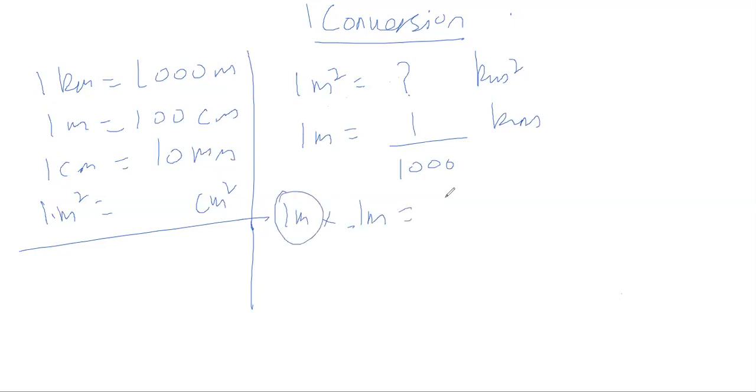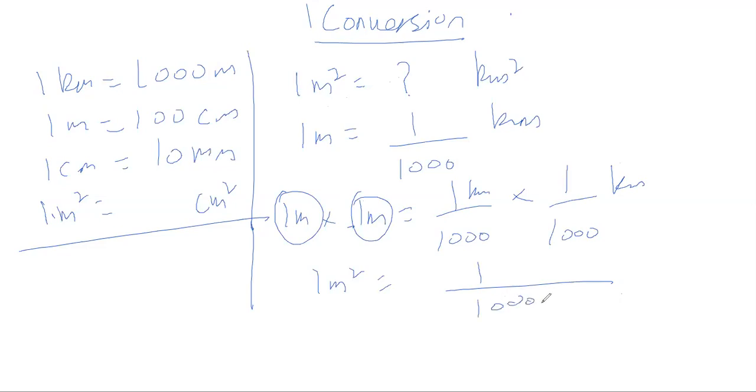For each 1 meter we know it is 1 over 1000 kilometer, multiplied. So 1 meter square is equal to 1 over 1 followed by 6 zeros kilometer square. And if you want to write in decimal, 1 meter square is equal to 0.000001.